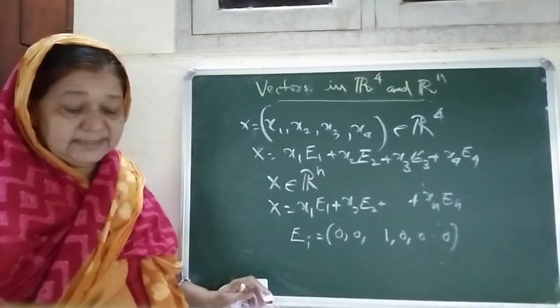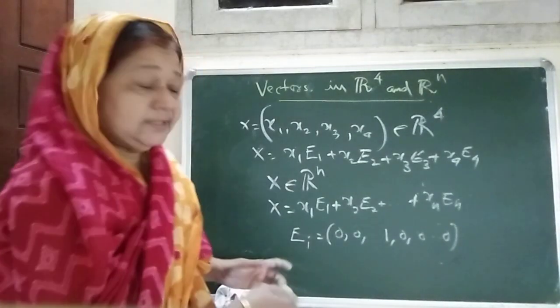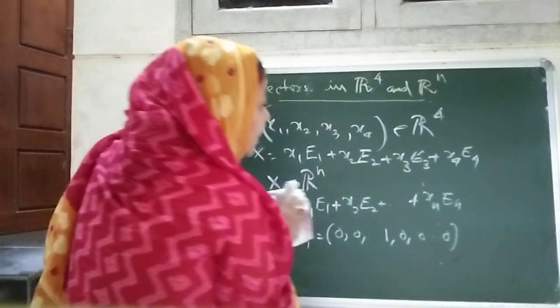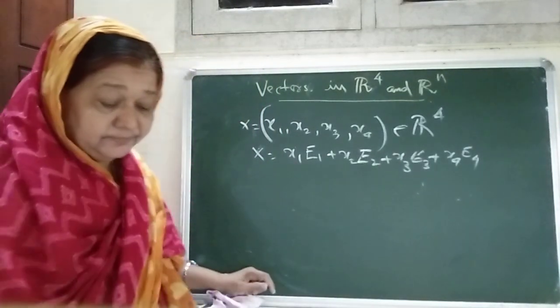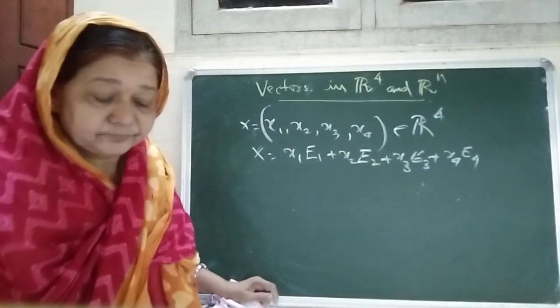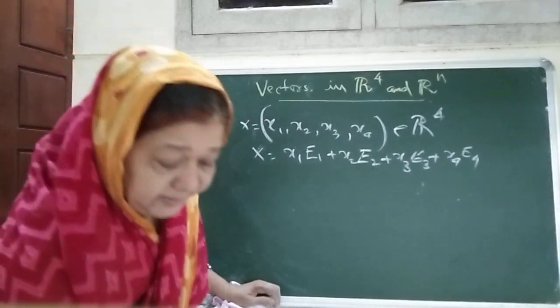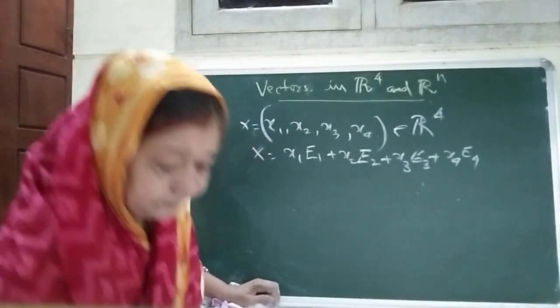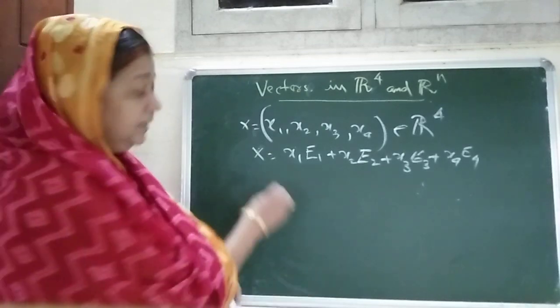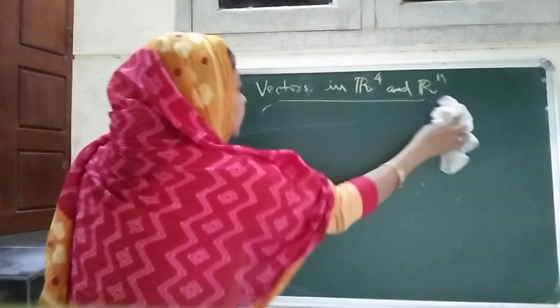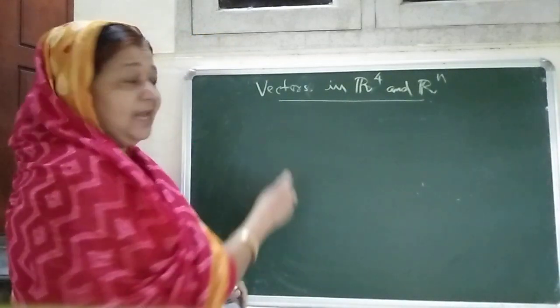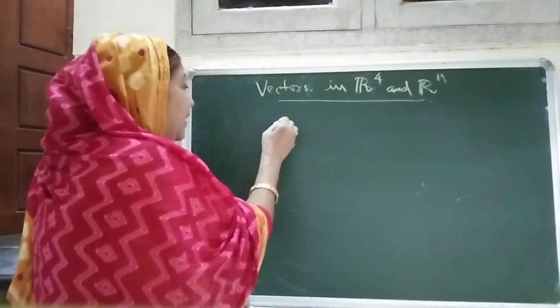Then, just similar to R2 and R3, let us discuss all the properties of these vectors. So first of all, we can define the equation of a line, say, parallel to u.